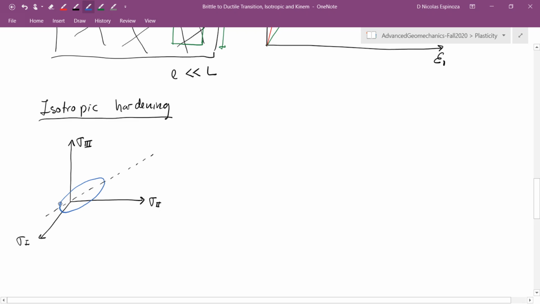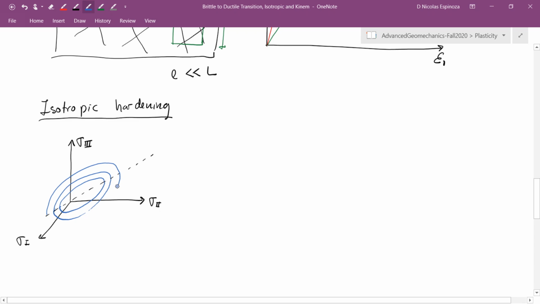Try to imagine that in 3 dimensions. Isotropic hardening means that the yield surface is going to grow the same in all directions. And as the material gets stronger, for example, the yield surface is going to change in all material directions.